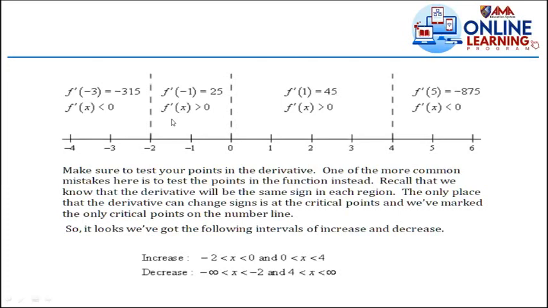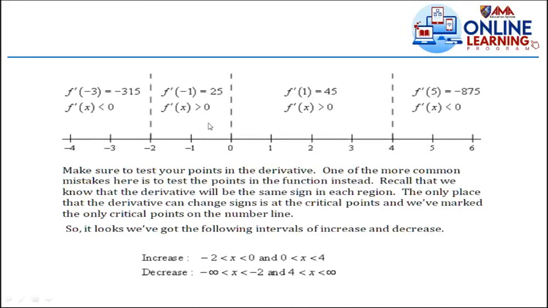This means that within this range, from negative 2 to positive 4, we have a positive value. But beyond positive 4, our answer is already negative 865. And beyond negative 2, or less than negative 2, the answer is negative 315.